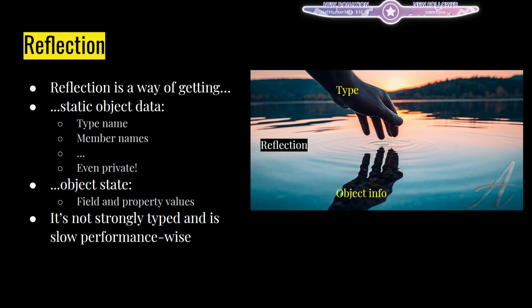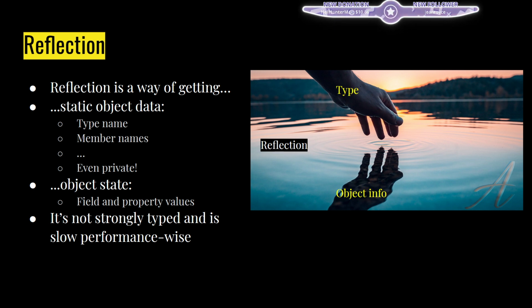If you look at the picture on the right, you can see a reflection. And I think it's a good picture to illustrate what reflection really is. Basically, reflection is made of two things: static metadata about some type and its state.